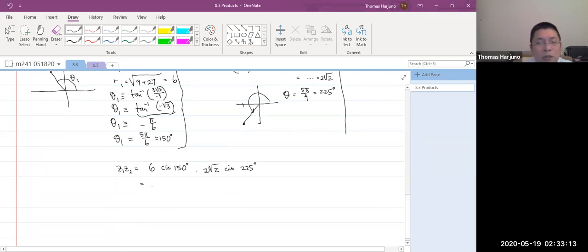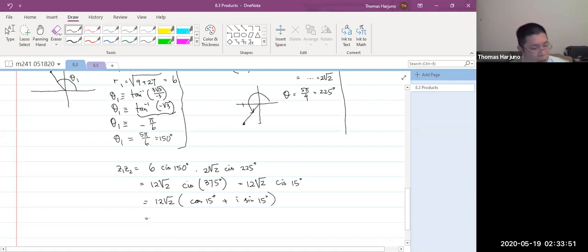This is 12 radical 2 cis 375 degrees. By coterminal, this is the same as cis 15 degrees. Okay. Now you can use a calculator to confirm: this is 12 radical 2 cosine 15 degrees plus i sine 15 degrees.